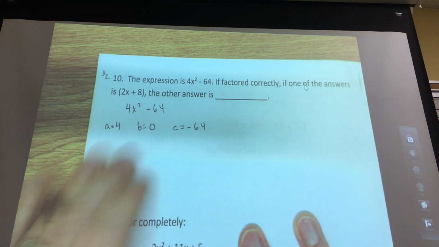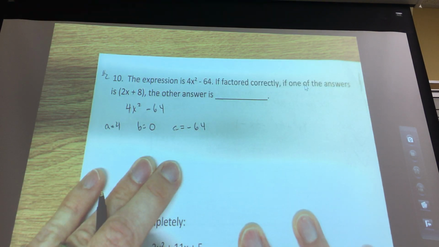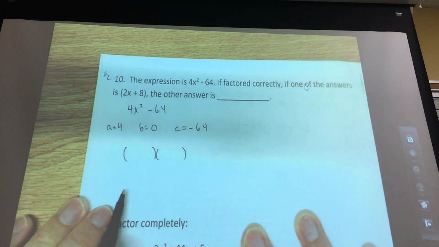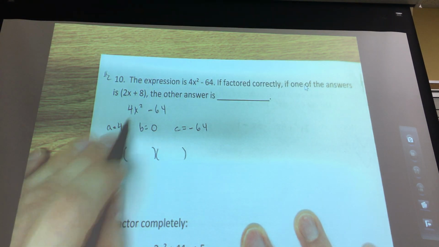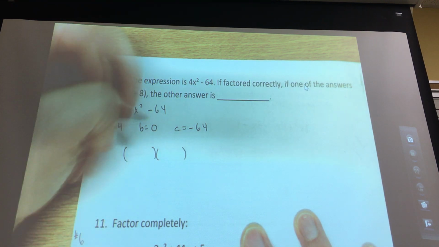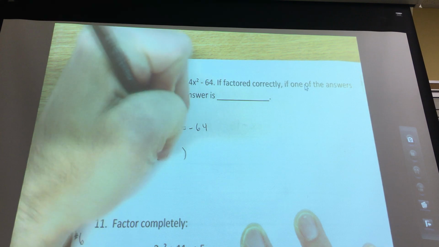So there's a pretty simple method when you're missing b. You're simply going to create two binomials. And all you do is your variable is x, so you need to find out what two perfect square numbers will multiply to give you positive 4. Well, what times what equals 4? That's obviously 2. So down here you're going to have 2x and 2x.